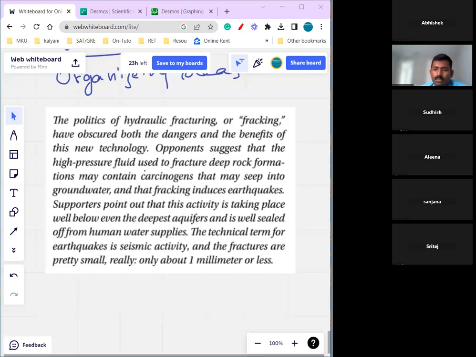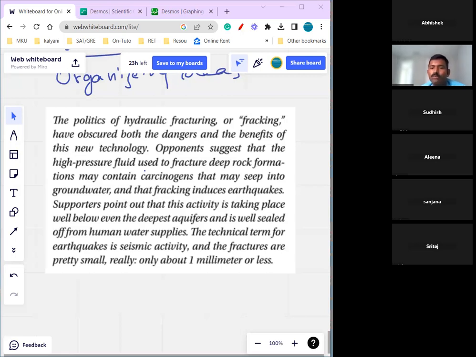And the ideas in the last sentence are not tied logically to the ongoing discussion. If you look at the last sentence, it is not really tied to what we are talking about in this paragraph.